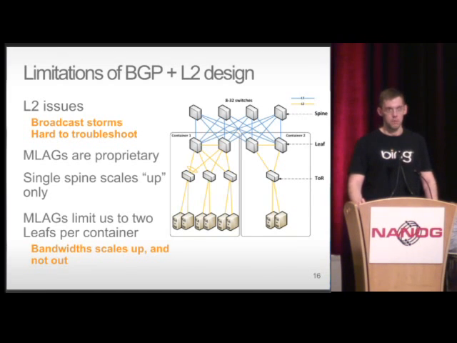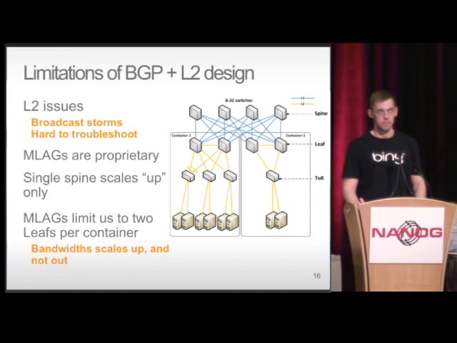And this, of course, had a lot of problems, mostly broadcast storms, unicast storms, mLAG issues, because all mLAG implementations are proprietary, and as you change your vendor, you get new issues with every new implementation. So mLAG is a nice feature, but since it's so non-standard, you always encounter some issues. I guess almost everyone has this experience.